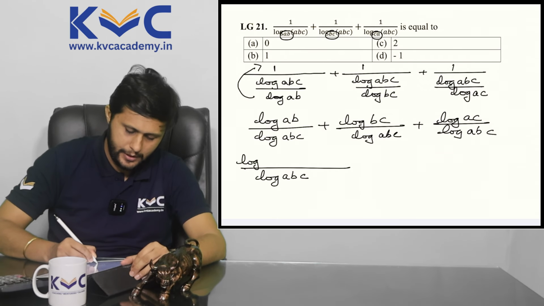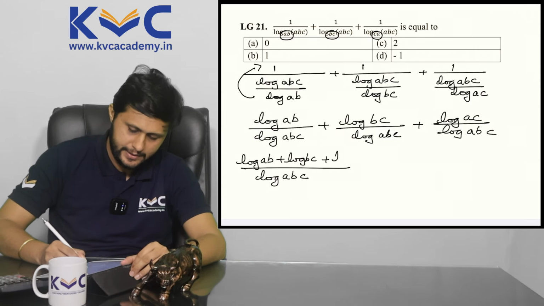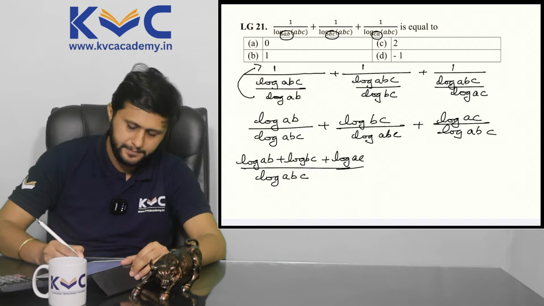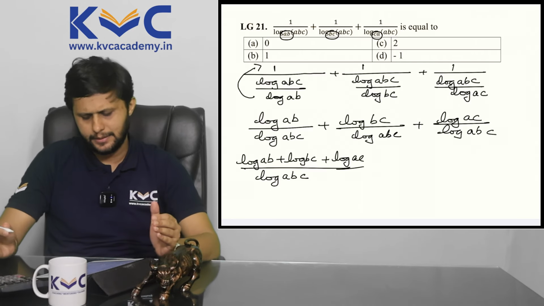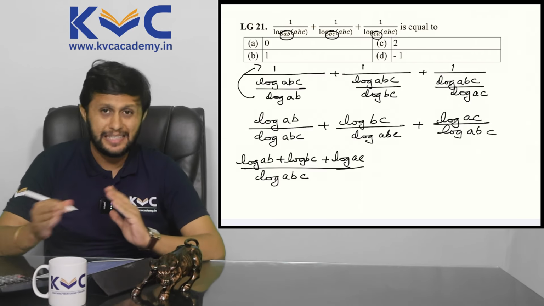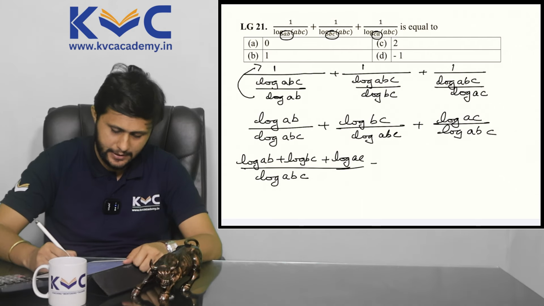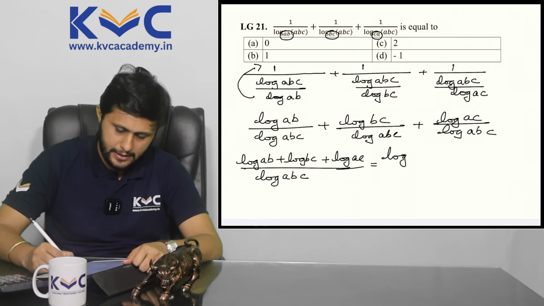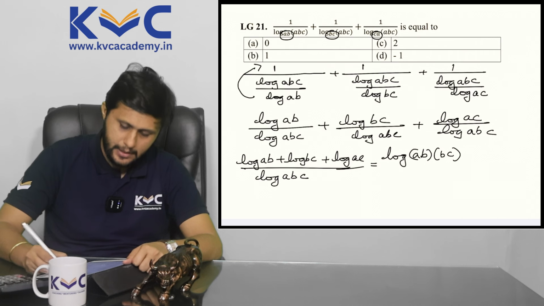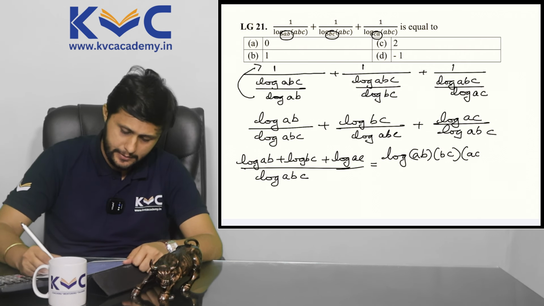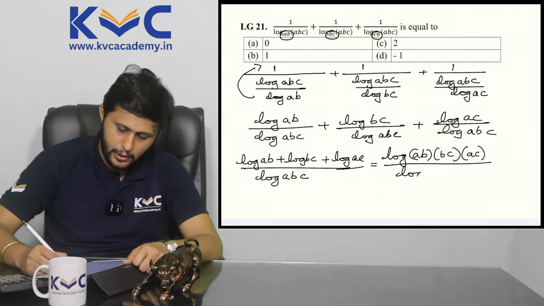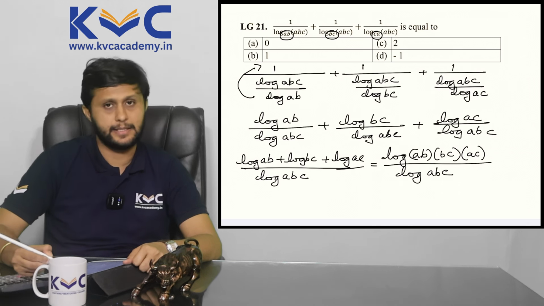So we get log AB plus log BC plus log AC. When we have to add terms inside logarithm, we just have to multiply those terms and take logarithm at once. So equal to log of AB into BC into AC, whole divided by log ABC.